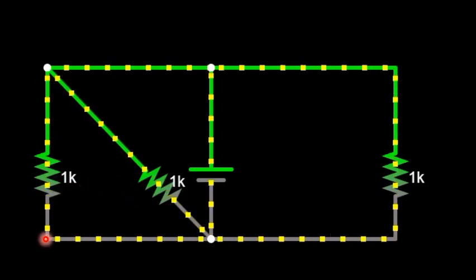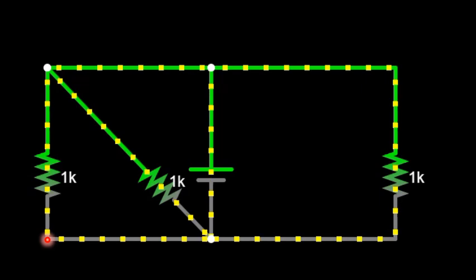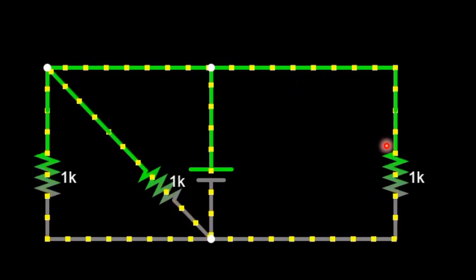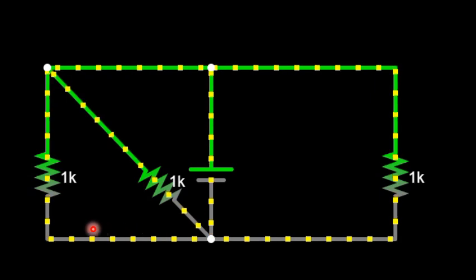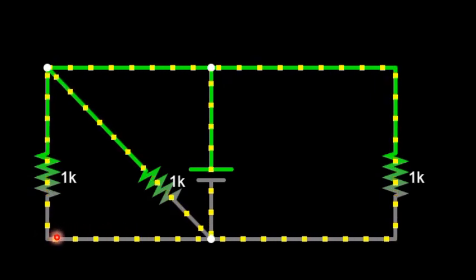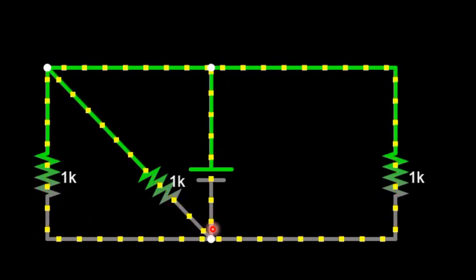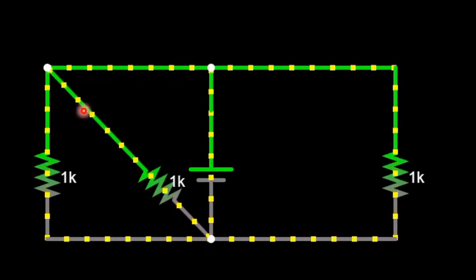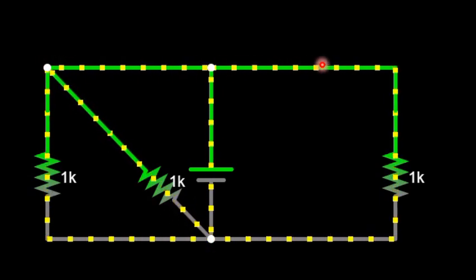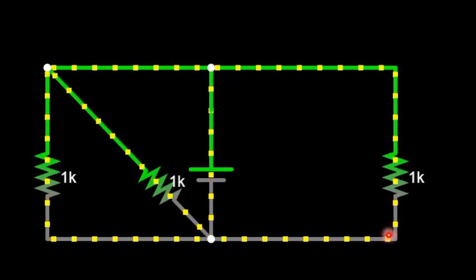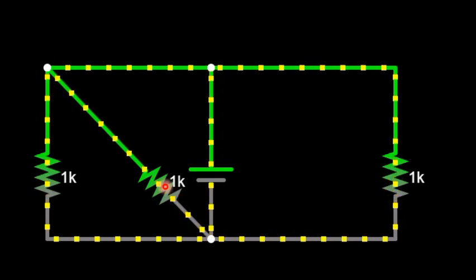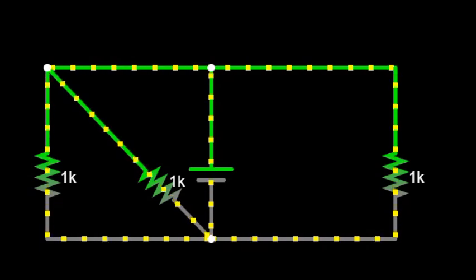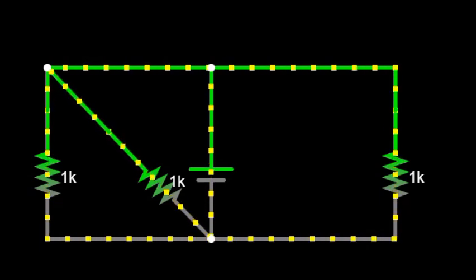Then we can also circle from all the way here and move back here. They are also in parallel. This one and this one are also in parallel. Then we can also move from here all the way down, then back, telling you that this and this are in parallel. So basically that is the analogy for parallel circuits.